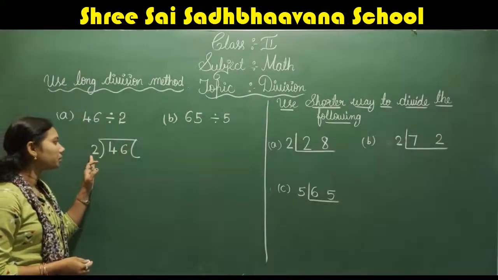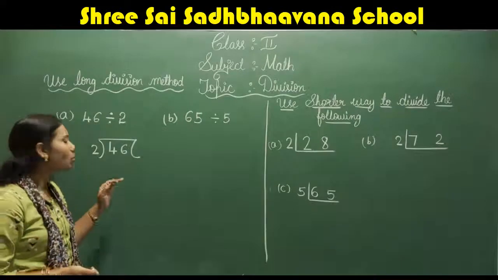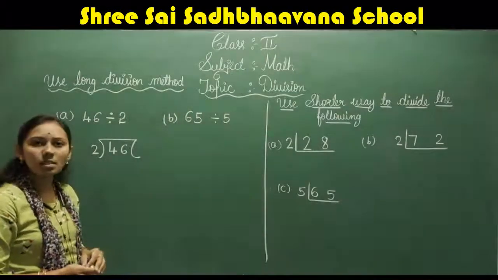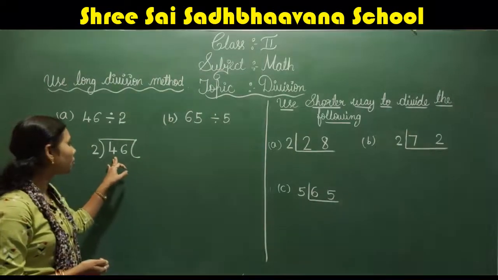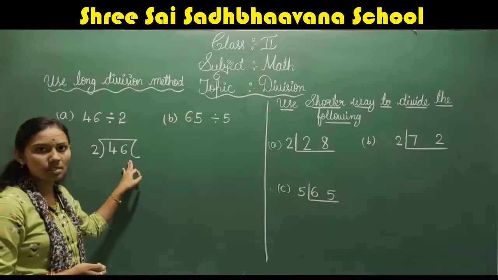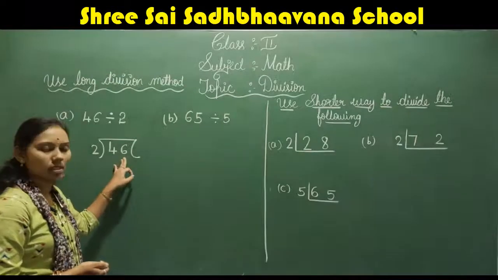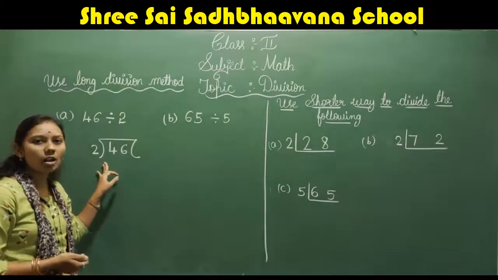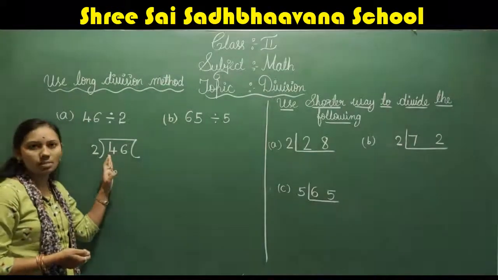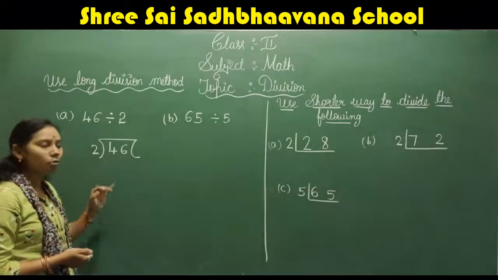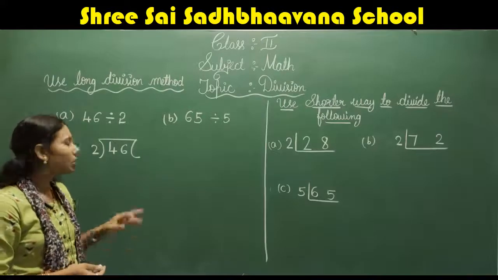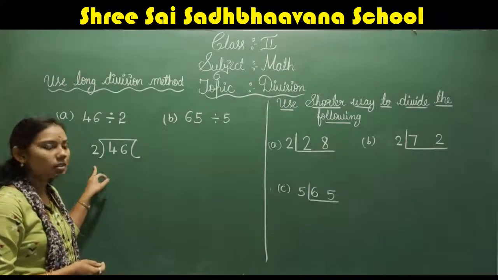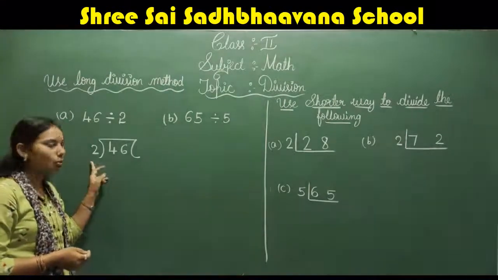So here, as I told you, 46 is the dividend. So 4 tens, 6 ones. Okay, we have to start from the tens place. Let us take 4. So we have to divide by the divisor 2.